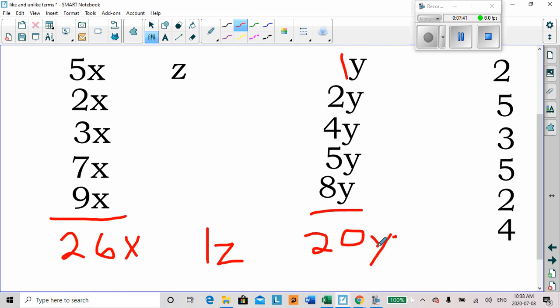Oops. And over here, 2 plus 5 plus 3 plus 5 plus 2 plus 4 is 21. Now, if I just put plus signs in between all those, I have gathered or collected all of my like terms together.